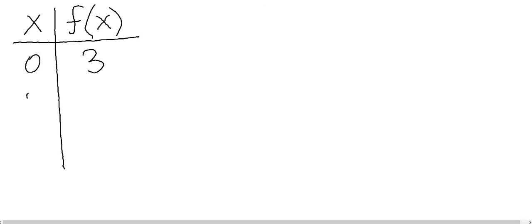For x equals 2, fx is 1. For x equals 4, fx is 0. And for x equals 5, fx is minus 2.